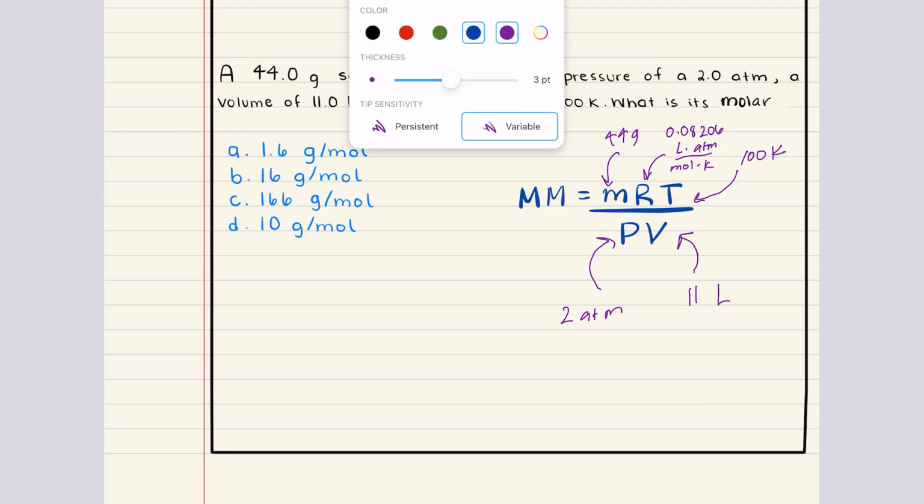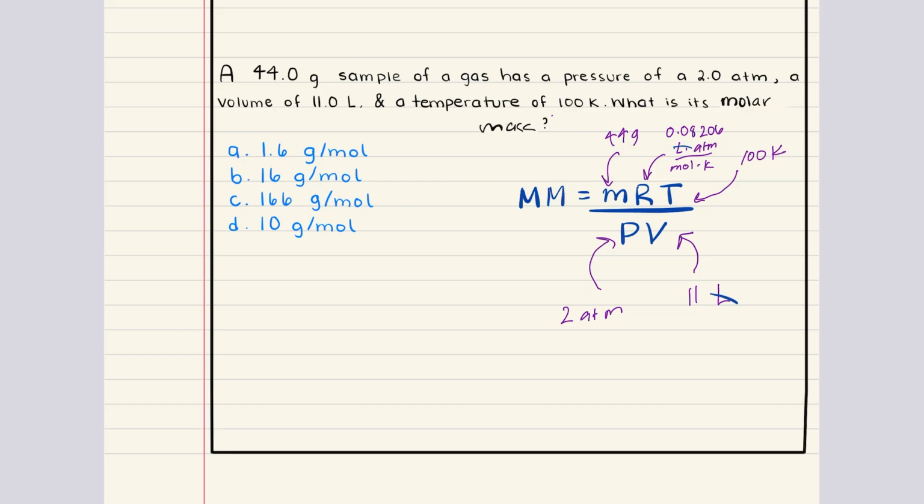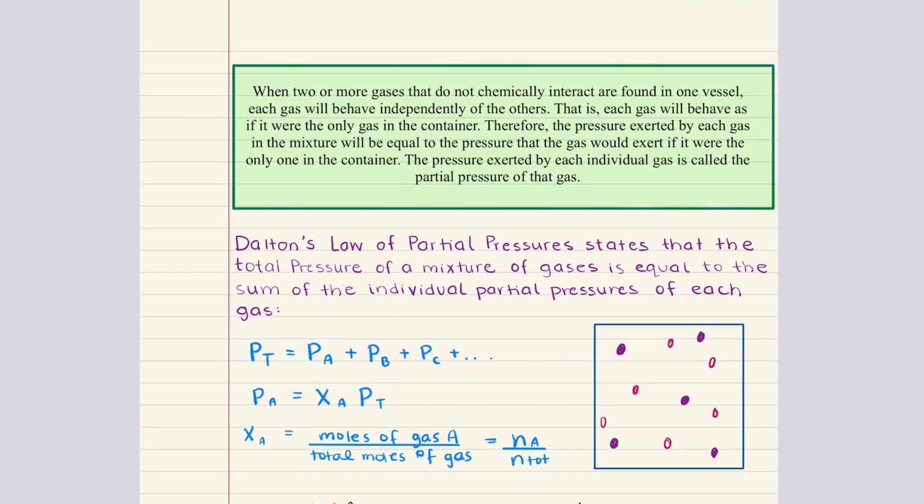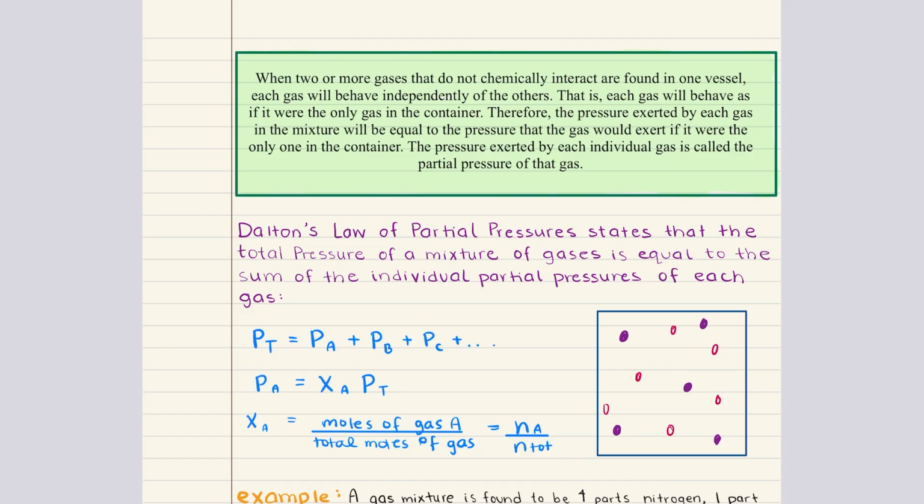Something to notice here is that our liter units are going to cancel out, our Kelvin units are going to cancel out, and our atmosphere units are going to cancel out. What we're going to be left with is grams divided by moles, which is exactly the unit we want if we're calculating molar mass. If we plug this into a calculator, we're going to get 16.4 grams per mole. So answer choice B.